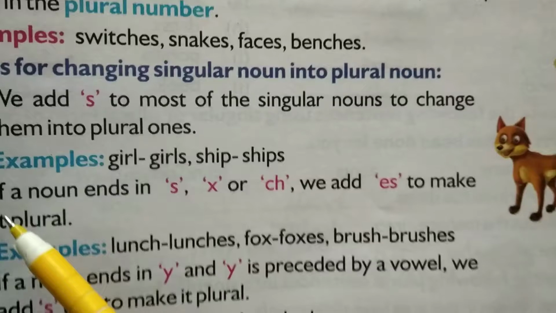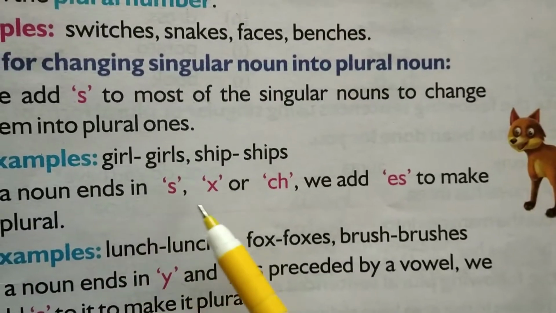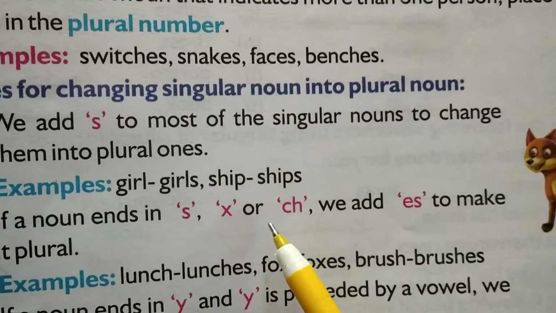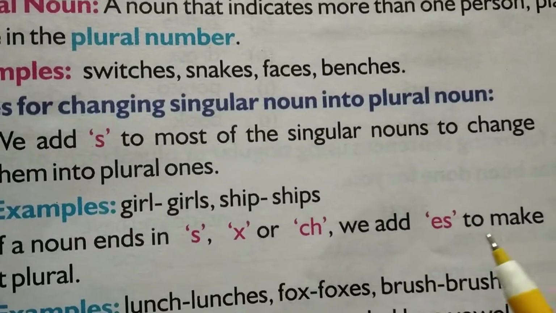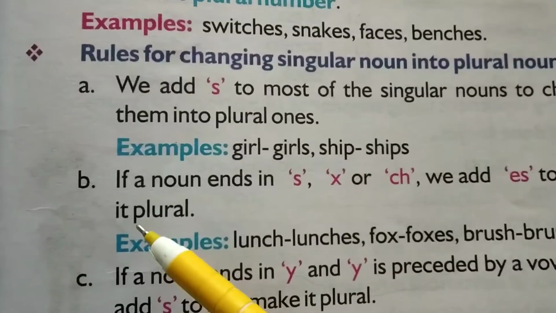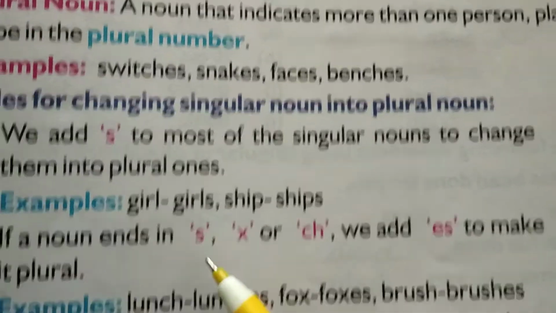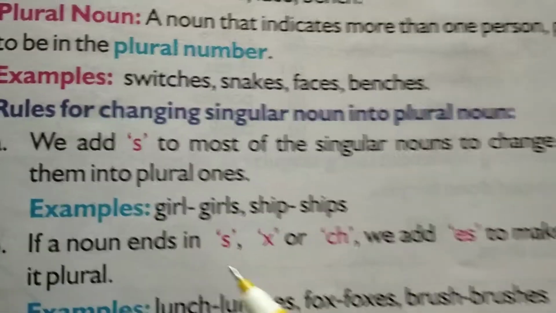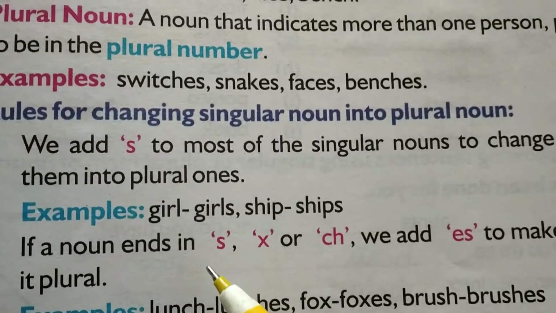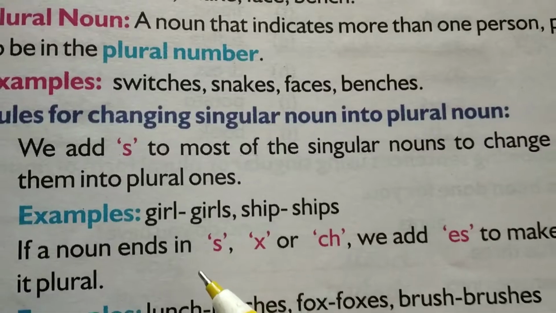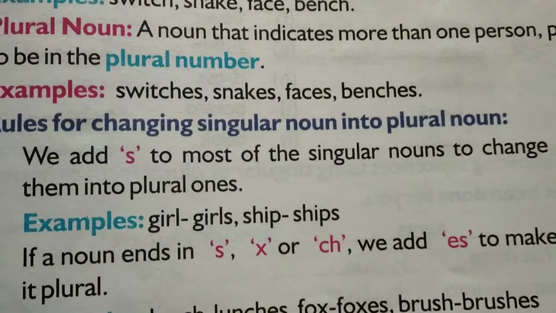And the second one is, if a noun ends with s, x or ch, we add es to make it plural. Like the word box ends with x, so its plural will be boxes.